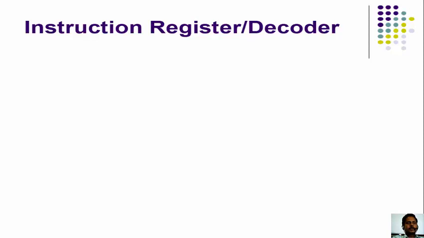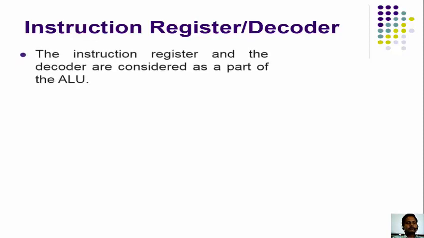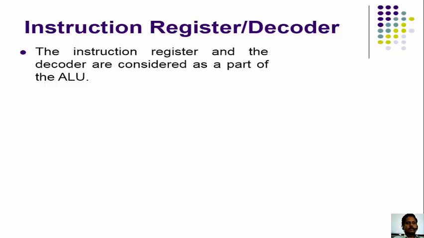Next, instruction register and decoder. The instruction register and decoder are considered as a part of ALU because the operational code in the instruction register will tell the processor that this particular instruction is for any kind of operation, for example for addition operation, subtraction operation, or any logical operation.